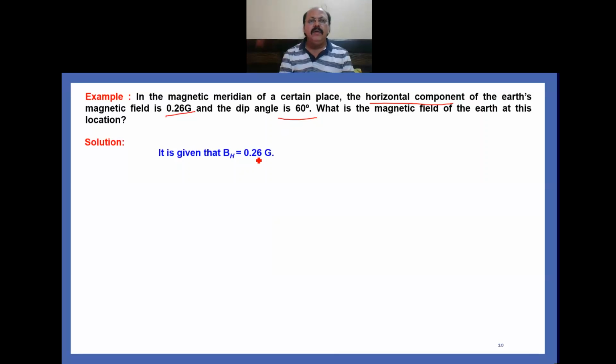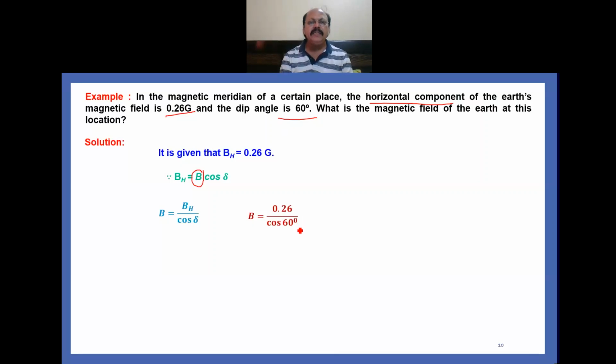So you have to apply BH equals B cos delta, and your aim is to find this B. So rearrange it: B equals BH upon cos delta. Substitute the values. B equals 0.26 upon cos 60.